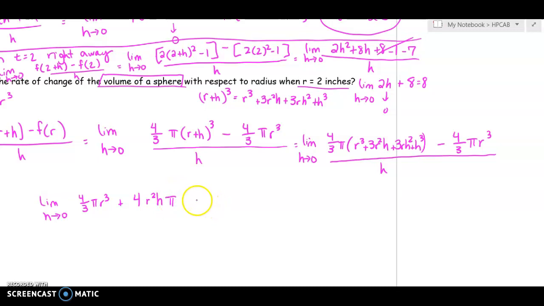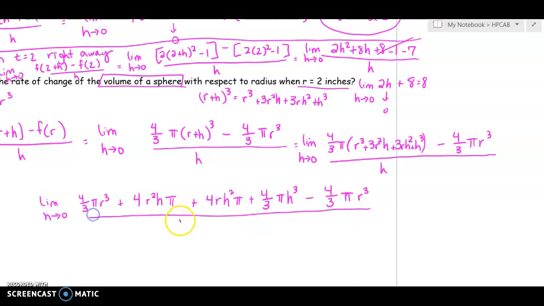Plus 4/3 times 3, you're going to get 4 radius height squared pi, and then 4/3 pi h cubed minus 4/3 pi r cubed. Again, it's all over h.